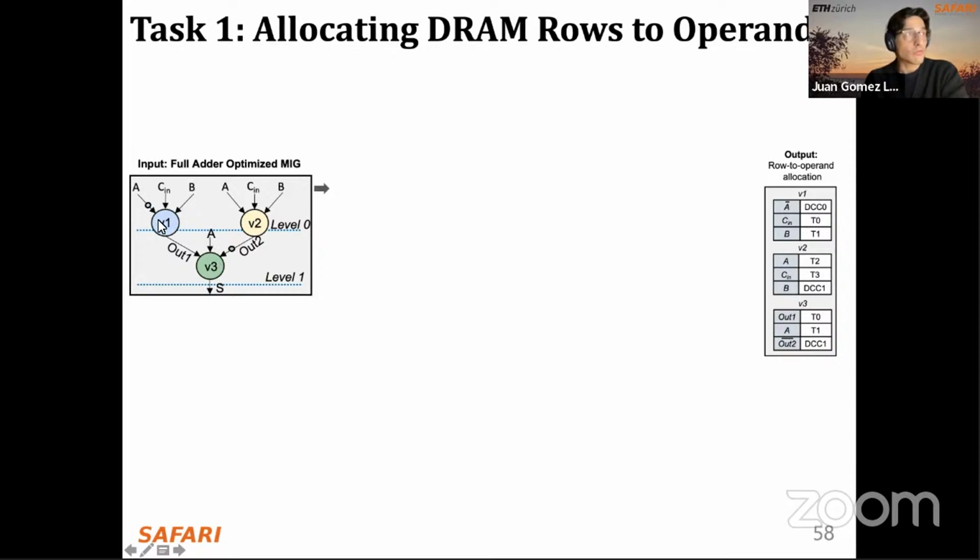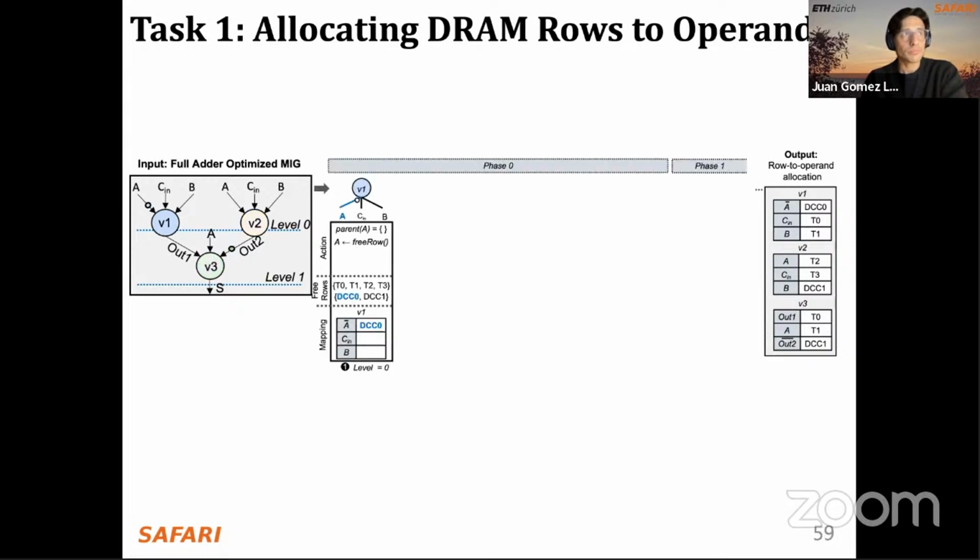We are going to start from V1 and V2, which represent level 0 because they are closer to the input, and after being done with level 0, we will go to level 1, where we find the next majority operation. In this case it is represented by V3.